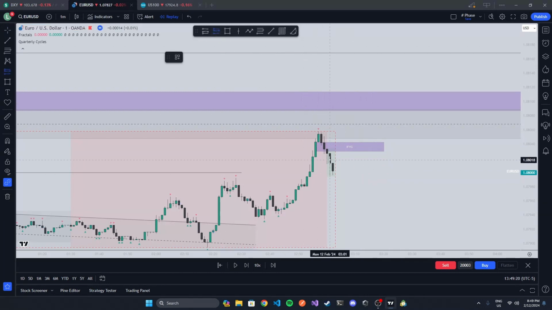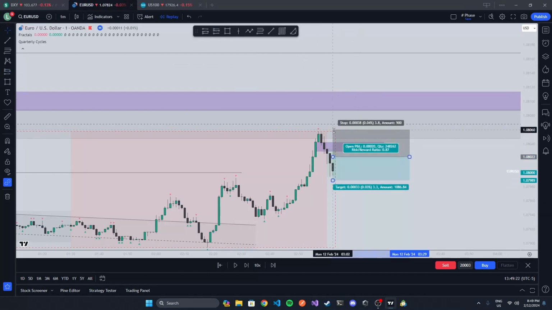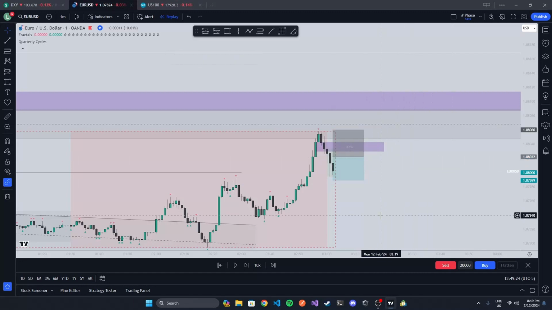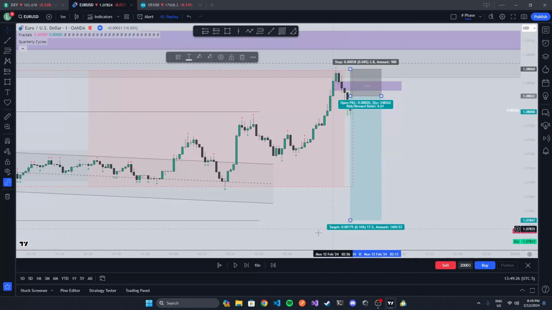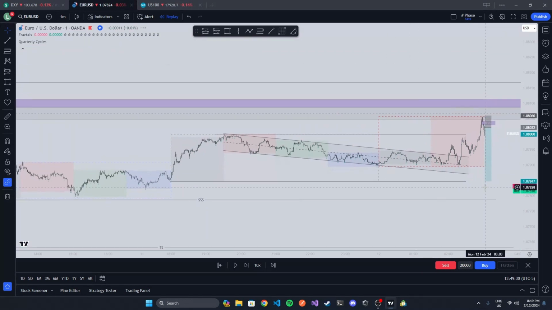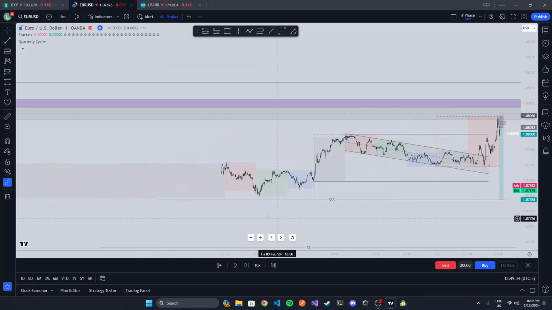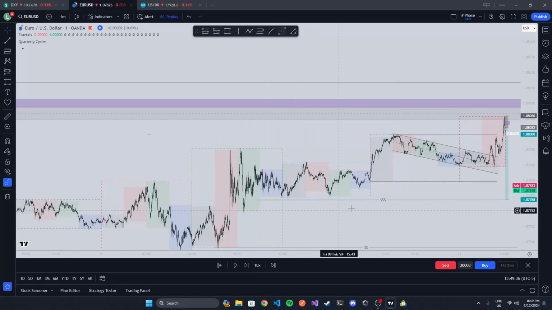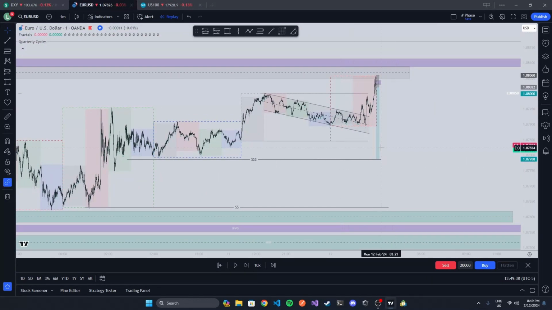So the exact place I entered was around there, with this area, with my stop above, and I targeted this liquidity area down below, which is past the Asian lows, but it's still a major liquidity area with equal lows that I would like to be swept, and you could even extend it all the way down to this area, which is a very extended low, which I'll probably only do partials with.